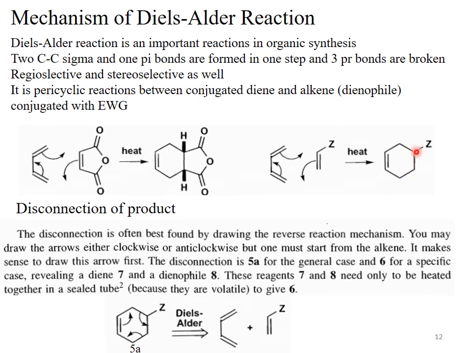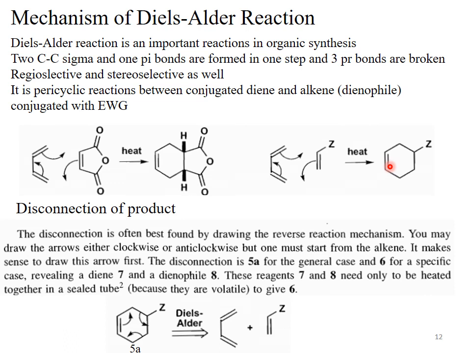So this product can be disconnected and we can guess which reactants are used to produce this product. For the disconnection pattern, we have to draw the arrows either clockwise or anti-clockwise. But remember, the main important point is that we have to start drawing the arrows from the pi bond. Either we start drawing arrows in a clockwise direction from the pi bond, or in an anti-clockwise direction from the pi bond.